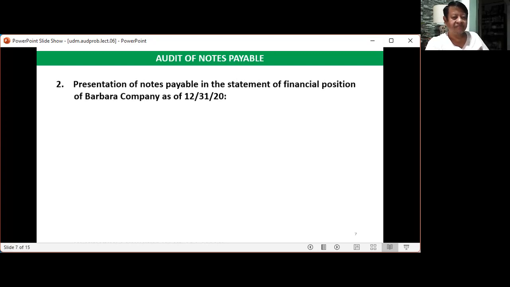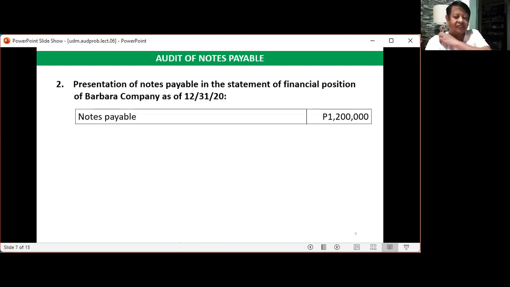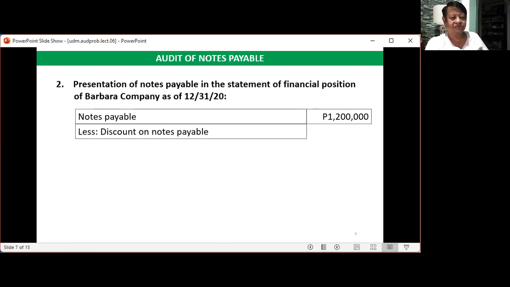So this is now the presentation of notes payable in the statement of financial position of Barbara Company as of December 31, 2020. We will present the face value of the promissory note of 1,200,000 pesos.